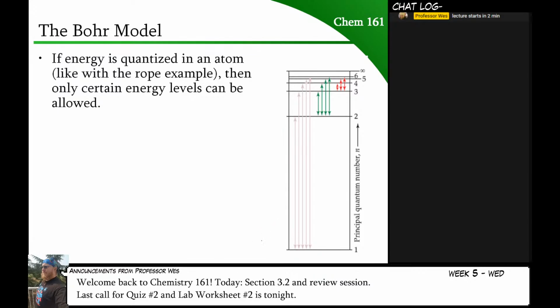So n equals 1 is very low down here. Then there's this huge jump to n equals 2, then n equals 3, n equals 4, on and on until you reach n equals infinity. There are an infinite number of levels, and they cram together like crazy as you get towards the top.